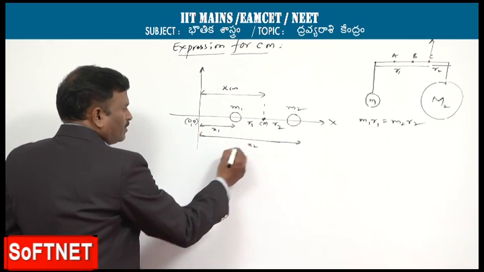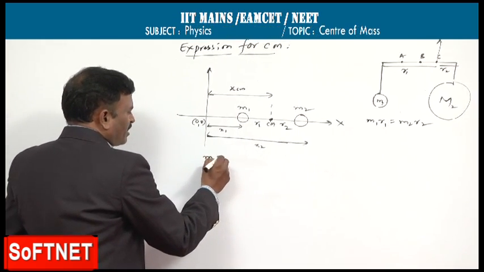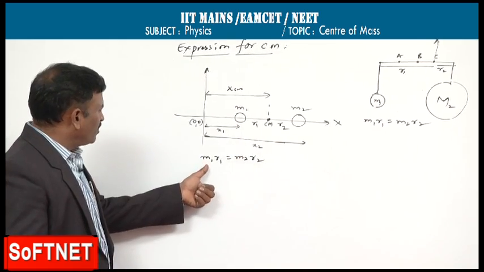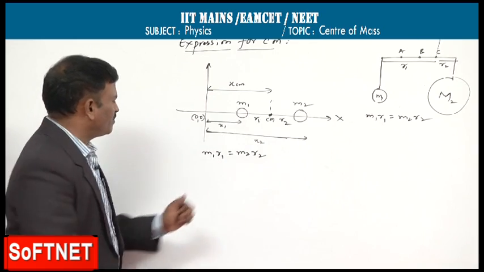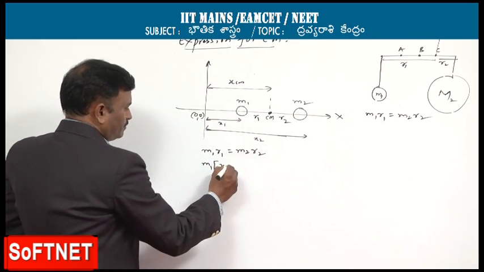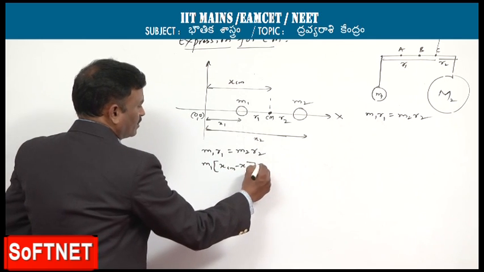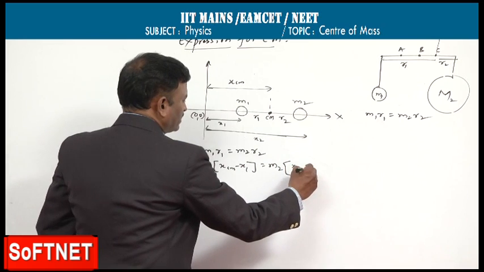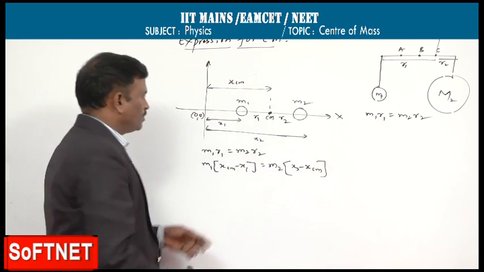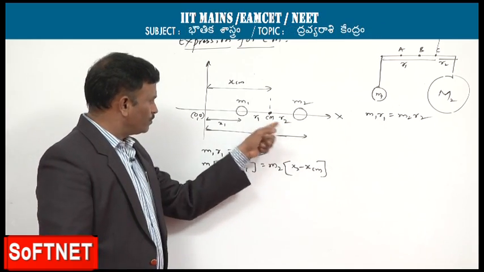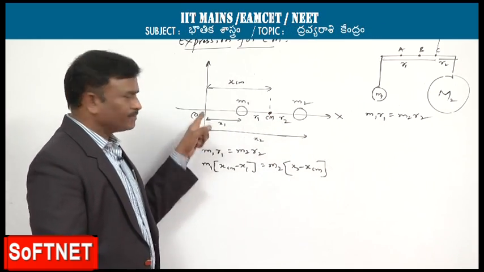Now, M1 R1 must be equal to M2 R2. Here, M1 is the mass of the first one, M2 is the mass of the second one. M1 R1 is how much? R1 is XCM minus x1. M2 is M2 only. R2 is how much? x2 minus XCM. So M1 (XCM minus x1) equals M2 (x2 minus XCM).